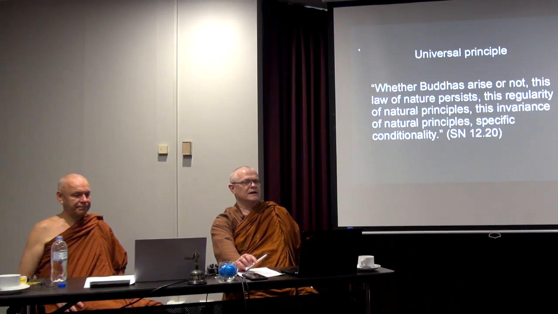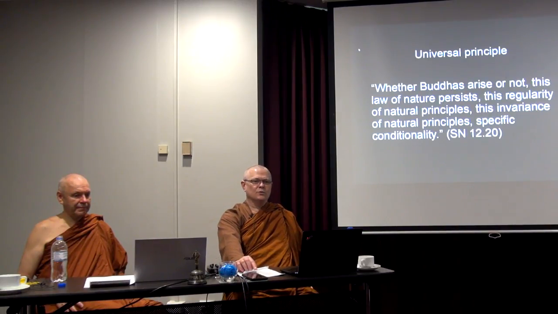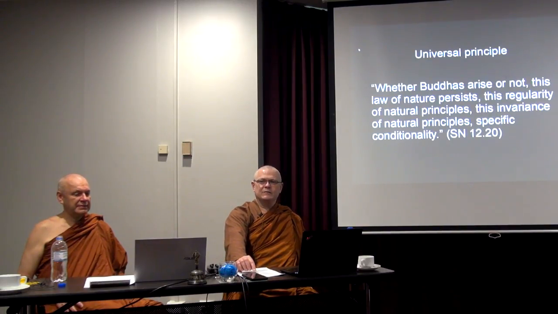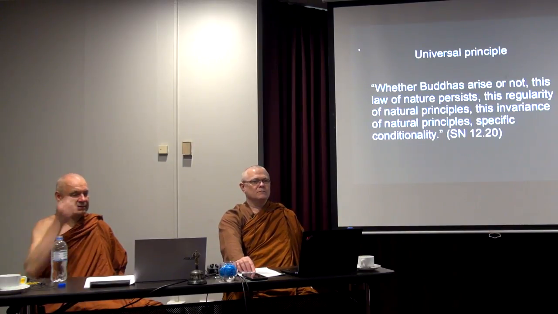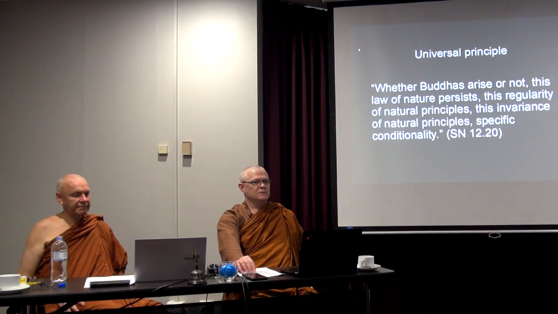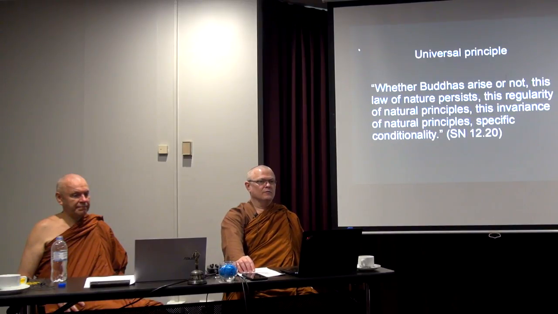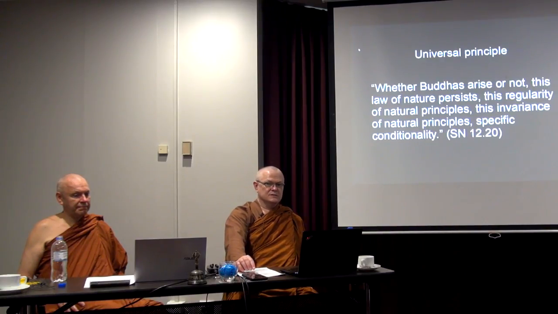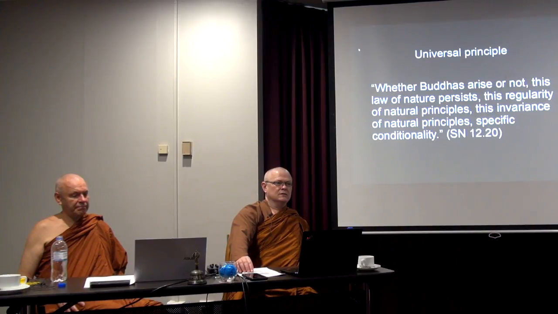It doesn't mean that there's an existing thing that lasts throughout all of time that is telling things what to do. But what it means is that wherever you are and whenever you are, you can always describe the experience of sentient beings in that same way. And that's what we call the law of dependent origination. Does that make sense? Yeah?